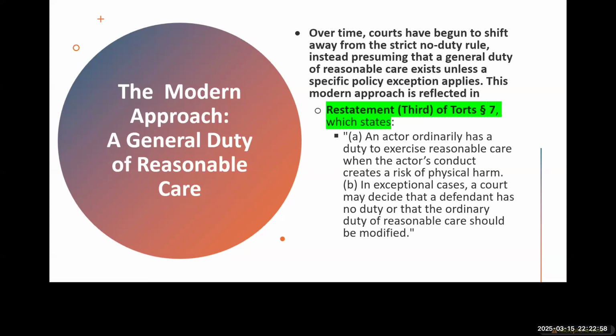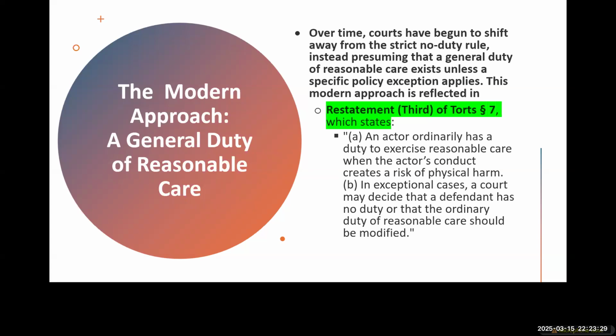An actor ordinarily has a duty to exercise reasonable care when the actor's conduct creates a risk of physical harm. I'll try to slow down. An actor ordinarily has a duty to exercise reasonable care when the actor's conduct creates a risk of physical harm.